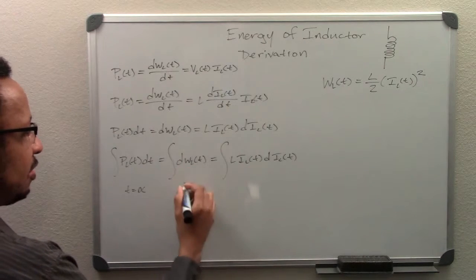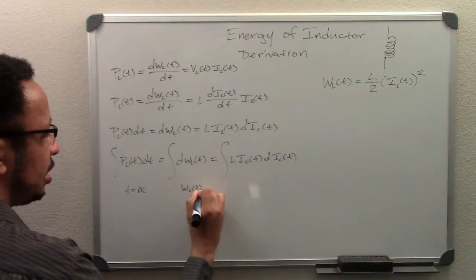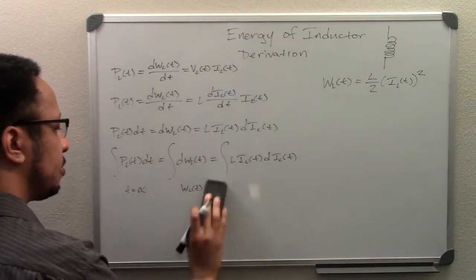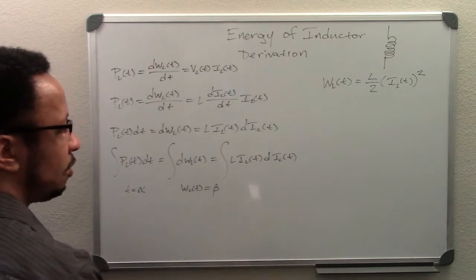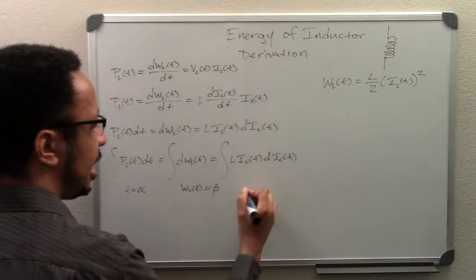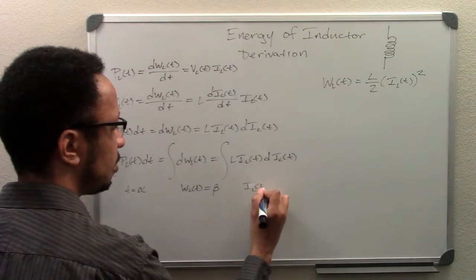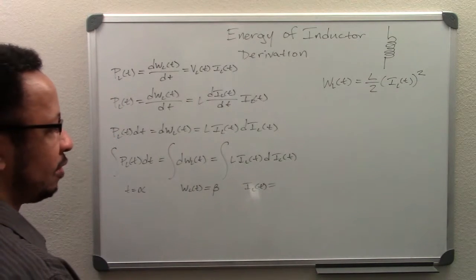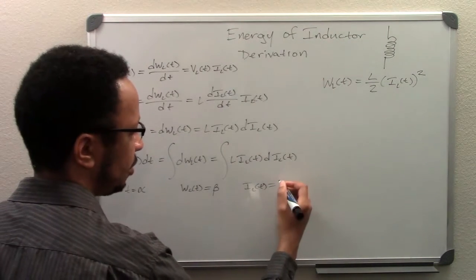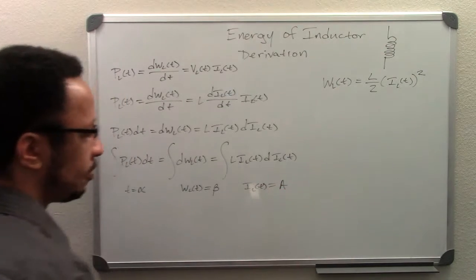Over here, in place of W_L(t), I'll use beta. And over here, in place of i_L(t), it could be anything, I'll use a placeholder of A.